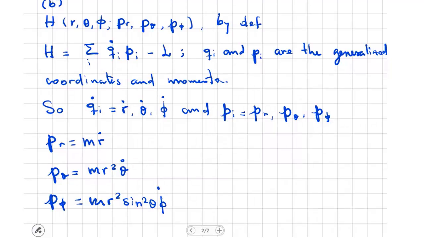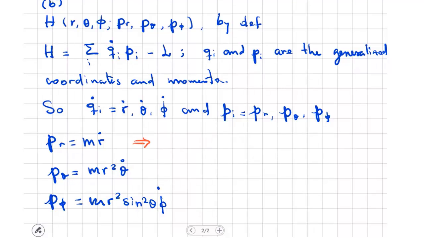Alright, so what we are going to do here is solve these equations for the generalized velocities. That way we get the following.